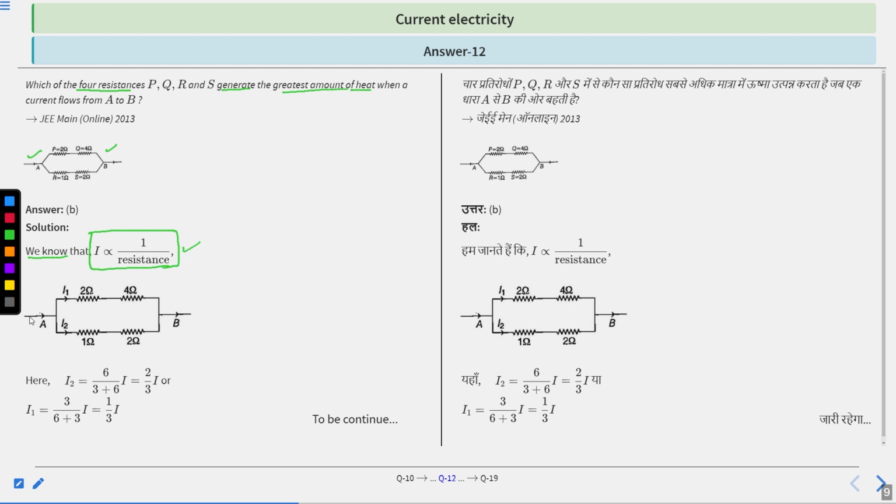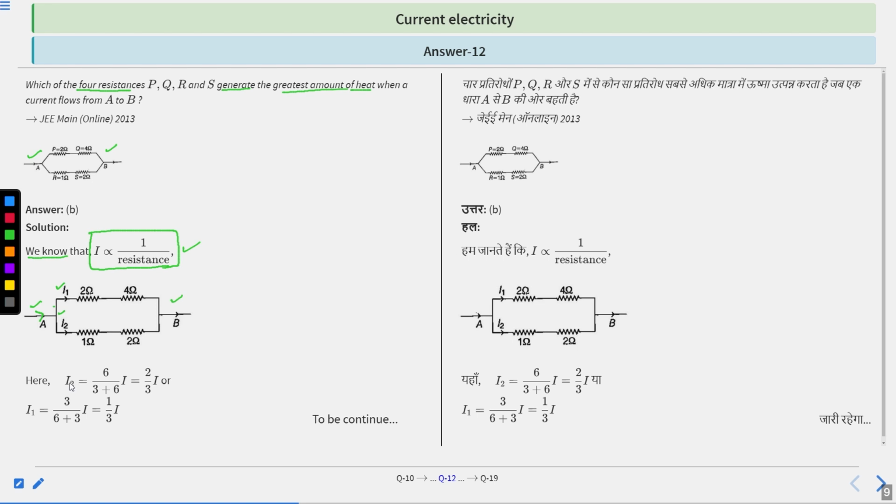Here current flows from A to B. When current goes through this path, the path changes. In the first path there is a current I1 and in the second, current is I2. Clear? Because here the path is changed.